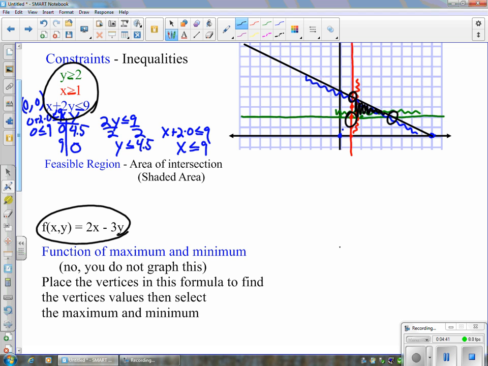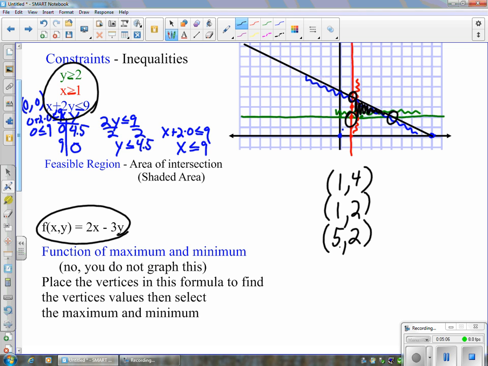So our 3 corners are going to be over 1, up 1, 2, 3, 4; over 1, up 2; and over 1, 2, 3, 4, 5, up 2.